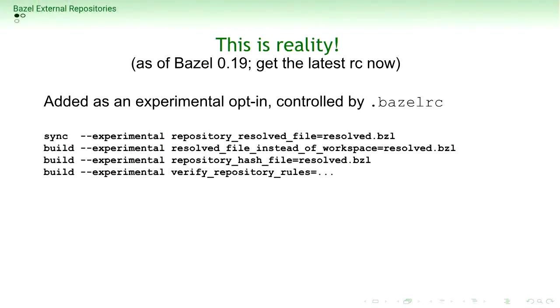So that is what you want to do for sync. Sync, by its nature, executes all the rules in the workspace file, and then if you write that down, you get the values. And for build, you have another option where you say, actually, when building, ignore the workspace file, and use that other file instead to know what the rules are. And then you can say, actually, use the hashes, verify the hashes of the external repositories. This is a file where you get all the hashes, and then you list all the rules where you want the hashes to be verified.